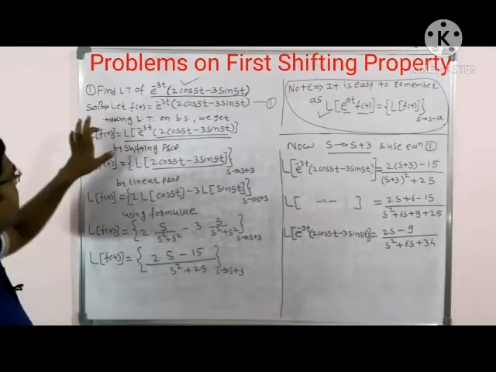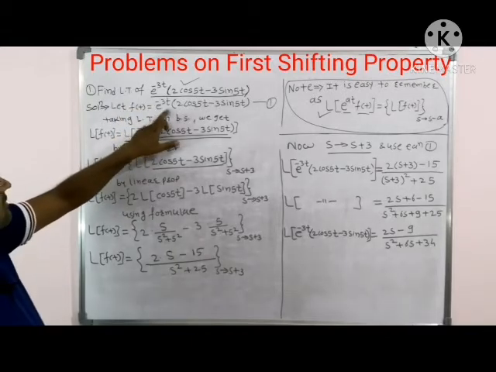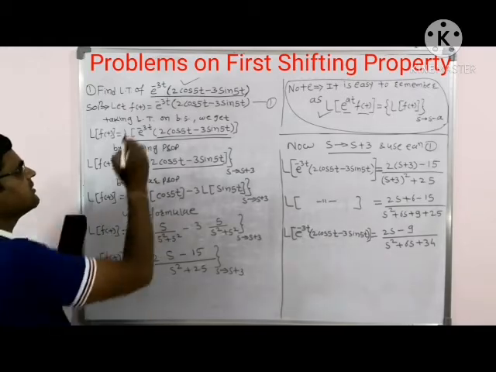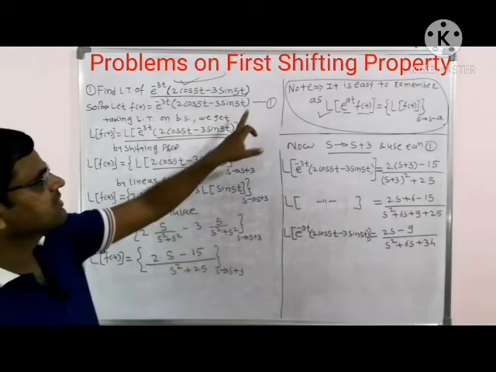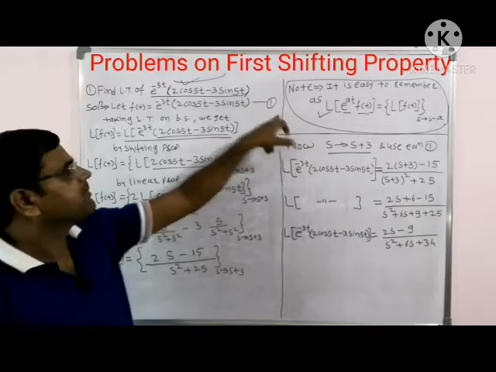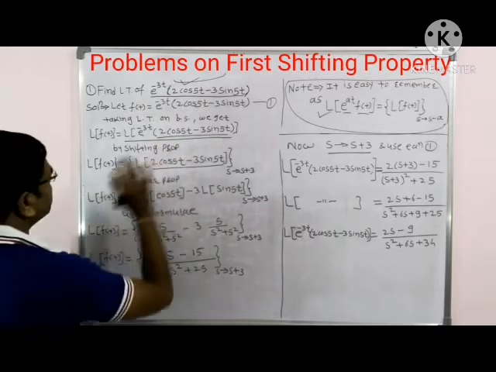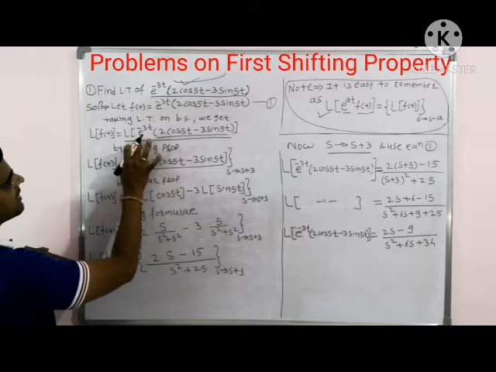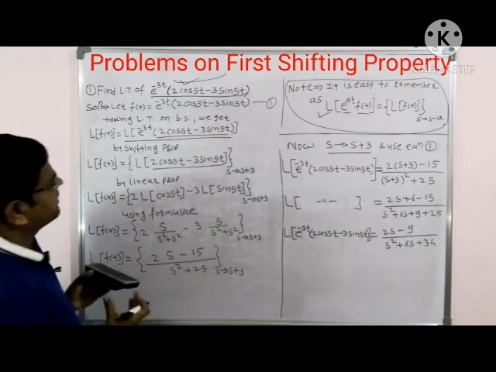Let us consider f(t) = e^(−3t)(2 cos 5t − 3 sin 5t), the whole term, as equation number 1. Now taking the Laplace transform on both sides, we get L{f(t)} = L{e^(−3t)(2 cos 5t − 3 sin 5t)}.